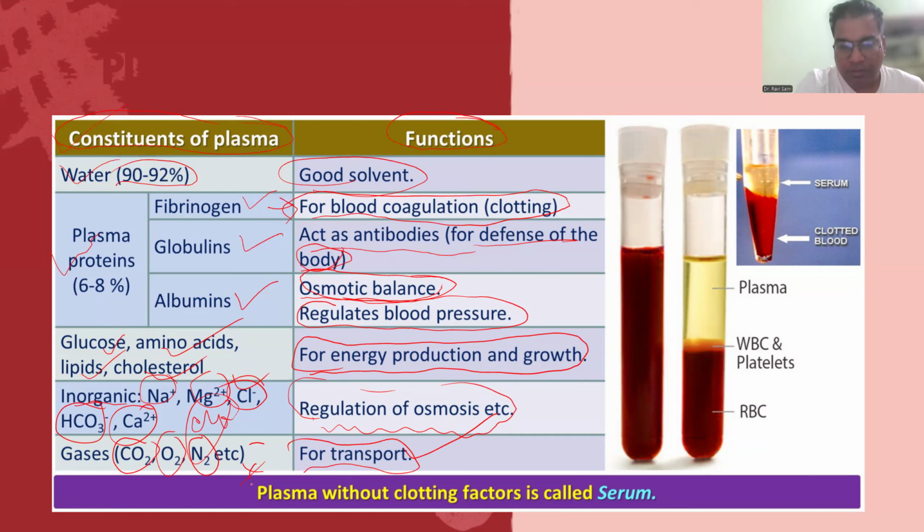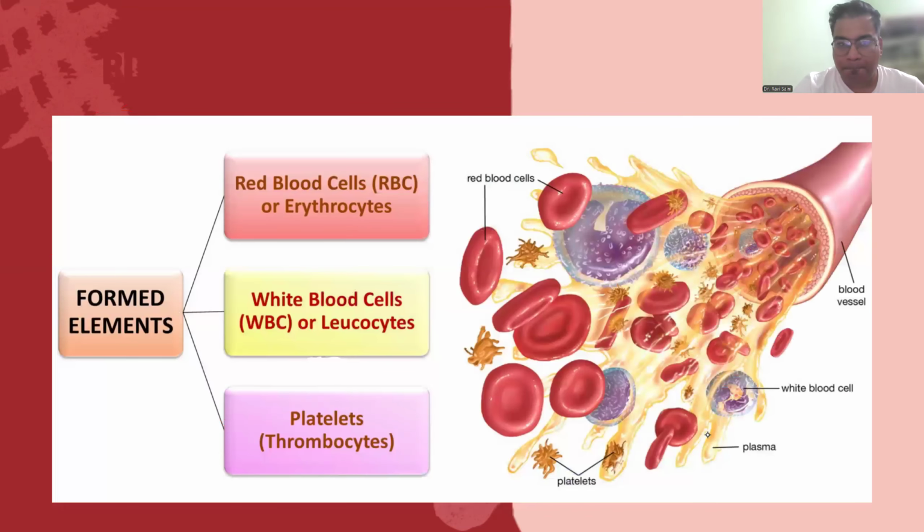This is very important. Plasma without clotting factors is called serum. In this image, this yellowish portion is serum. This is the clotted blood. So plasma without clotting factors is called serum. The formed elements or the cellular portion: the first one is the red blood cells or erythrocytes.